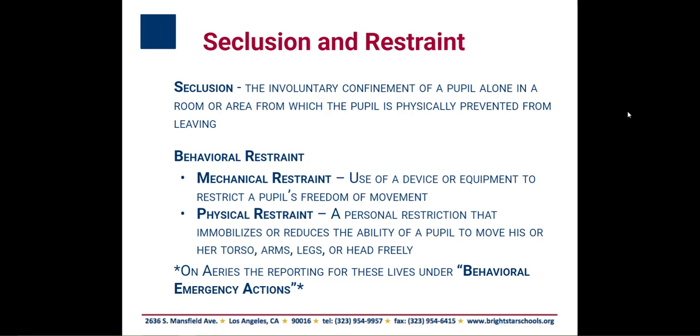Physical restraint might be a personal restriction that immobilizes or reduces the ability of a pupil to move his or her torso, arms, legs, or head freely. So that could be the use of handcuffs for mechanical restraint or other devices, I assume. And physical restraint may be somebody actually physically holding a student so that they cannot move. We're going to go into how these are logged on ARIES, but just know that on ARIES, these are reported under behavioral emergency actions.